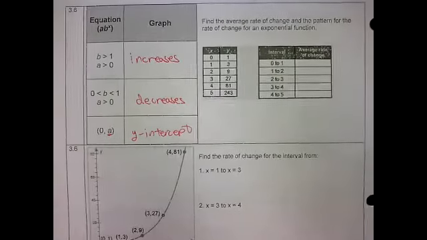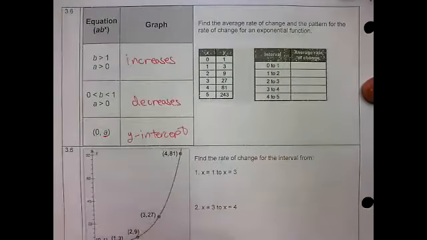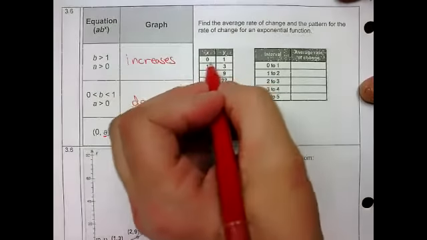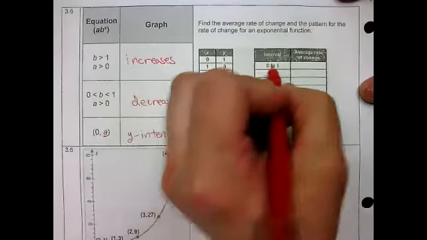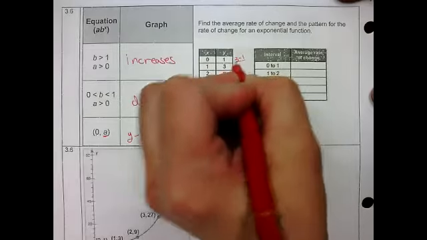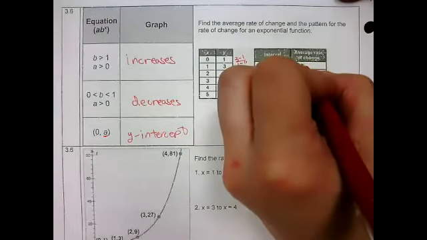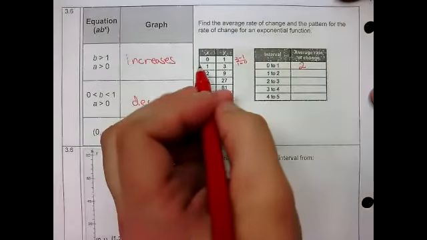Let's take a look at average rate of change and the patterns for an exponential function. We're just going to go from 0 to 1, so the y's would be 3 minus 1 over 1 minus 0. That's 2 over 1, which is 2.